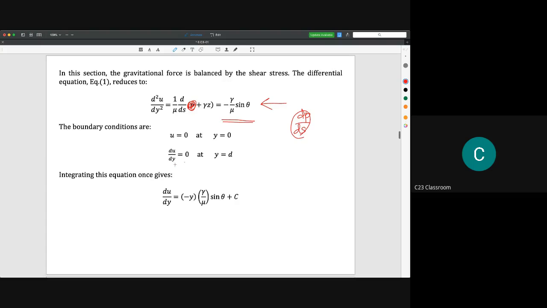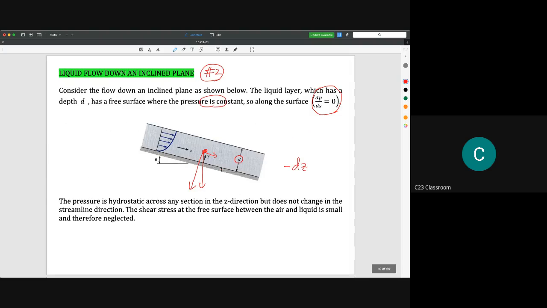Here the trick, the meaning of this one, is that at y equal to d, usually we would write u is equal to capital U, based on our first situation, where we know exactly that the velocity at this height is capital U. But in this situation, we don't know.